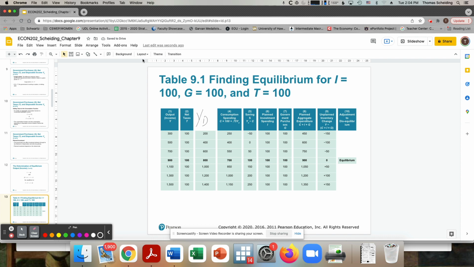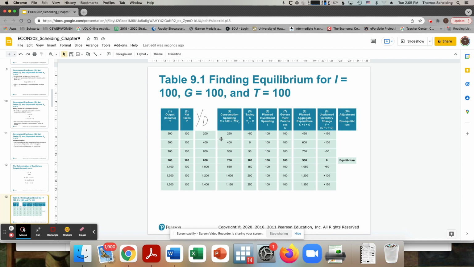So Y subscript D stands for disposable income. And so then I can solve this, right? Consumption equals 100 plus 0.75 of 200. That's equal to 250.